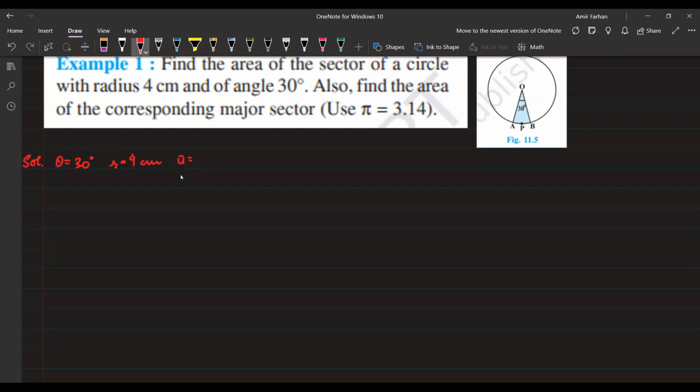If the pi value is given in the question, you have to use that value. Now let's calculate the area of the sector.